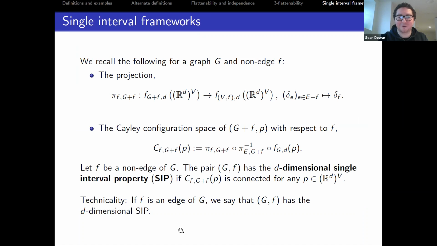Okay, so what's a better way of describing it than all this? We take a graph and we take an edge that's not in the graph. That gives us a pair G and F. And we say that it has the d-dimensional single interval property if, no matter what framework you give me for G, if I look at the configurations, if I look at the distance between the endpoints of F, the distances between them will always make an interval, basically.